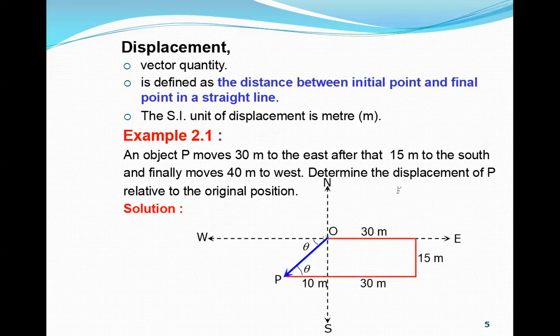Trying the same method. For example, 30 meters toward east. Start from point O toward the east direction. 30 meters is covered from O toward east.